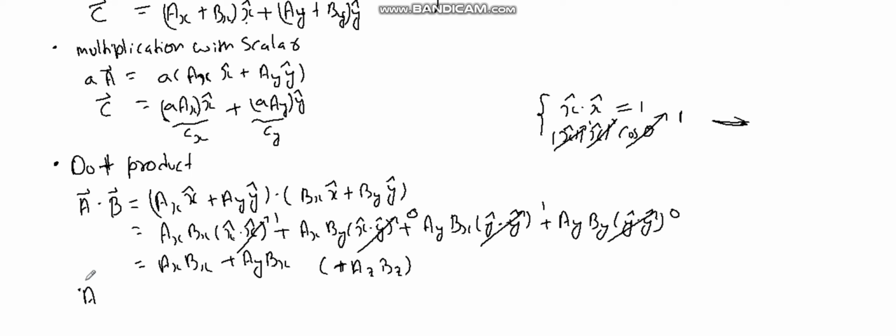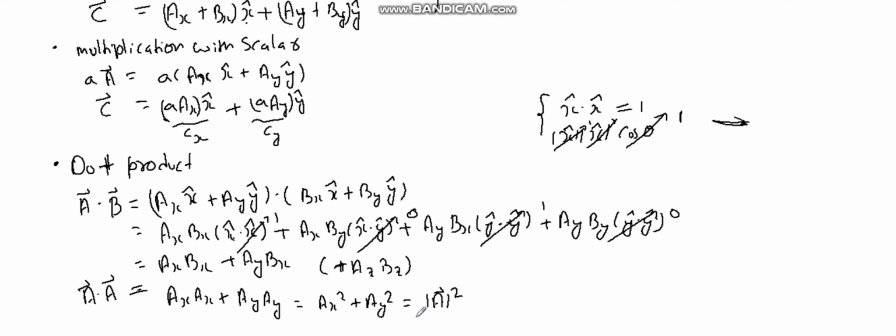And what about a dot a? If we take the same vector and take the dot product with itself, then we have ax into ax plus ay into ay, which is nothing but ax square plus ay square, and this is the square of the magnitude of vector a.